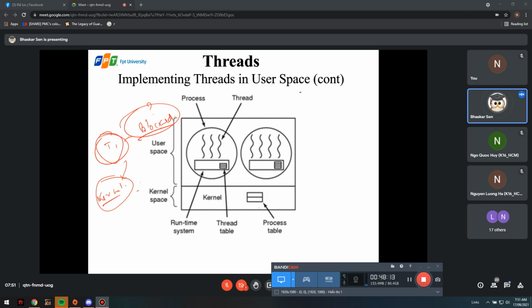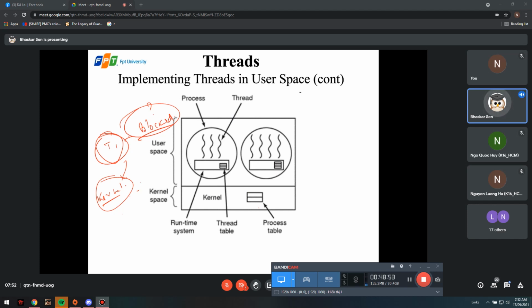But as we didn't share any information about threads, the kernel will never know what this is all about. The kernel will never know what a thread is and which thread wants to get blocked. But the kernel knows that there's a special request coming from a particular process, because the kernel knows everything about the process.